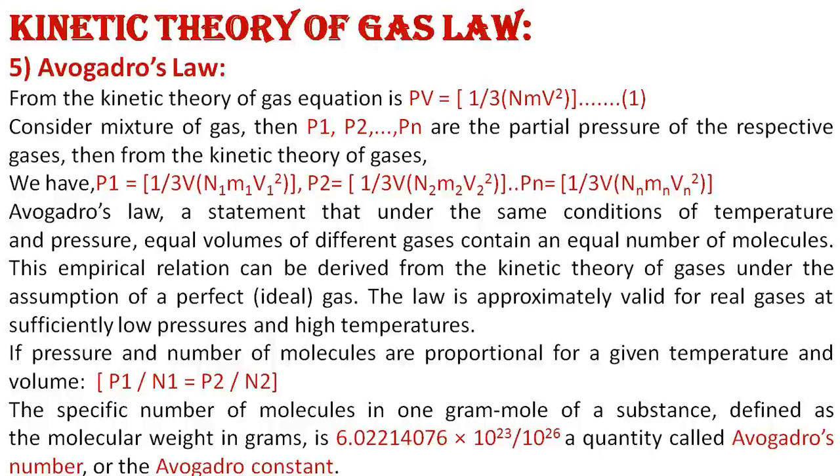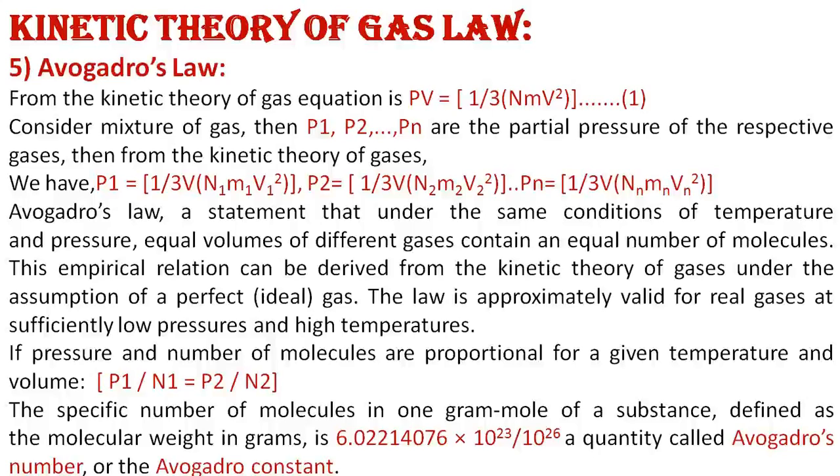Then from the kinetic theory of gases, we have P1 is equal to 1 by 3V N1 m1 v1 square, up to Pn is equal to 1 by 3V Nn mn vn square. Avogadro's law is the statement that under the same conditions of temperature and pressure, equal volumes of different gases contain an equal number of molecules.